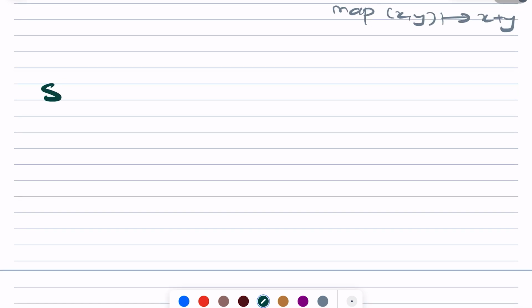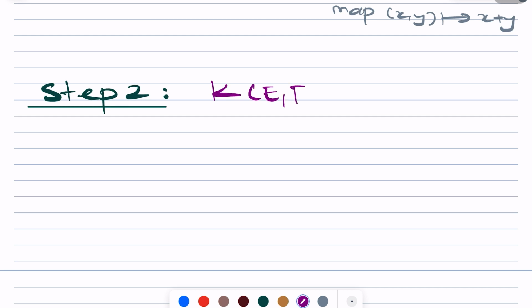Okay, so in the second step, you have to show that KEF is closed in this space.